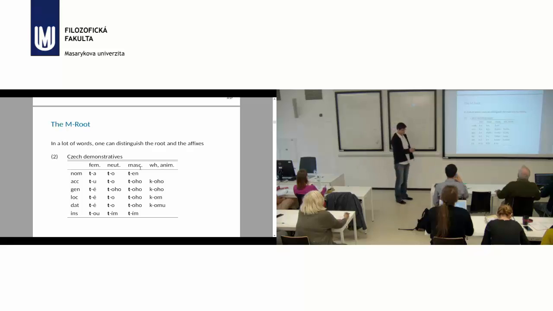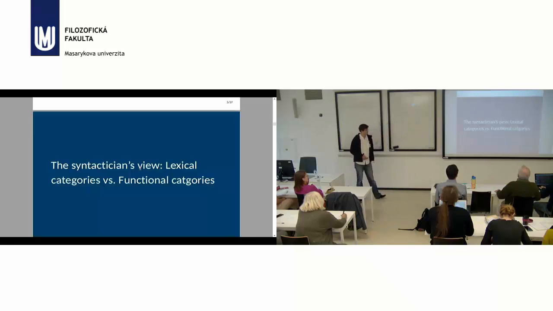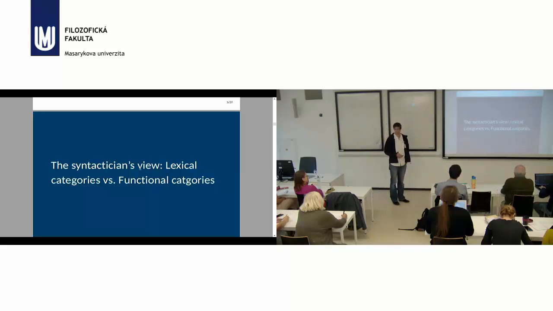Those forms share these masculine endings, just switching the demonstrative root this for the WH root which. Now, this would be all pretty simple and not very remarkable if it was not for the syntactician's view on roots.